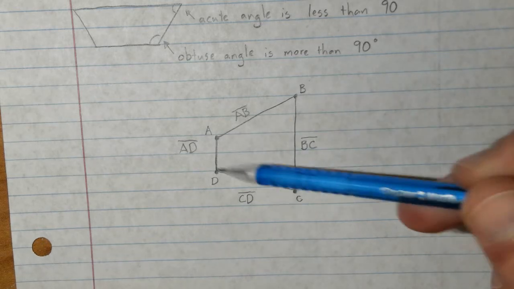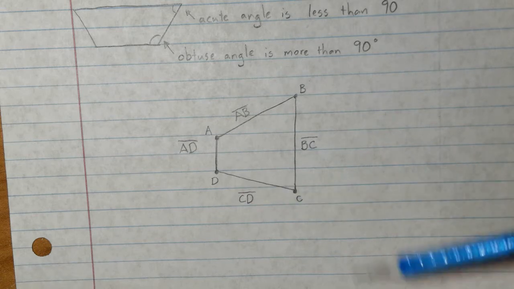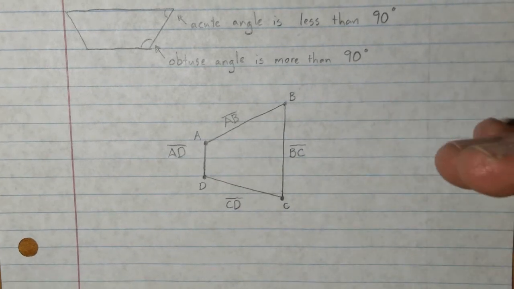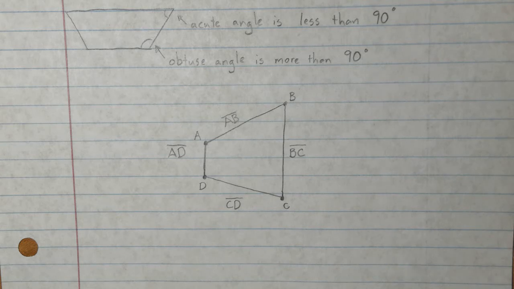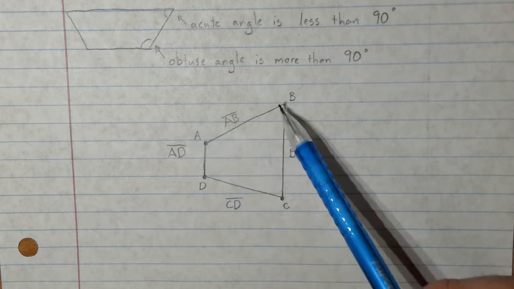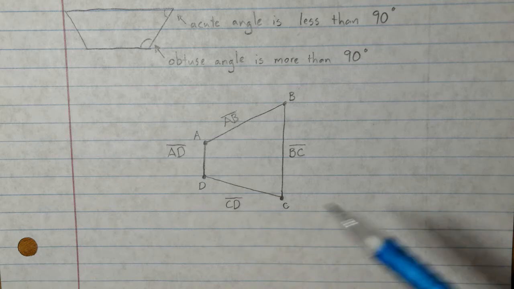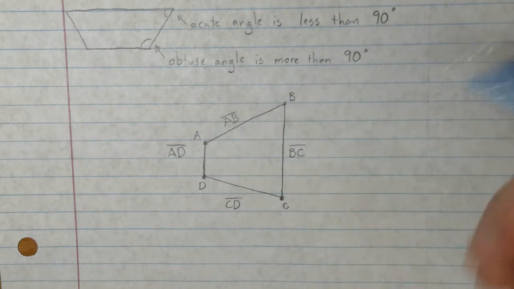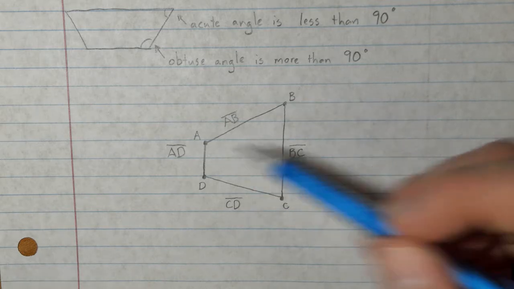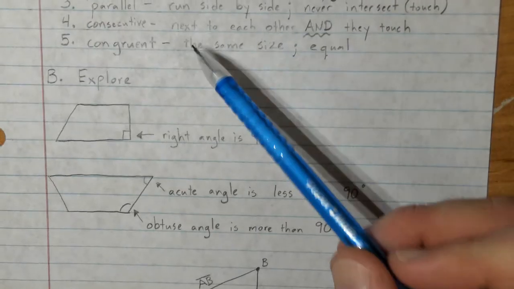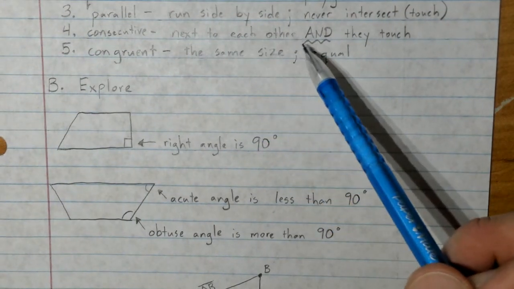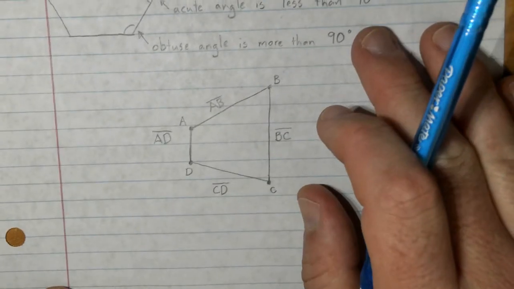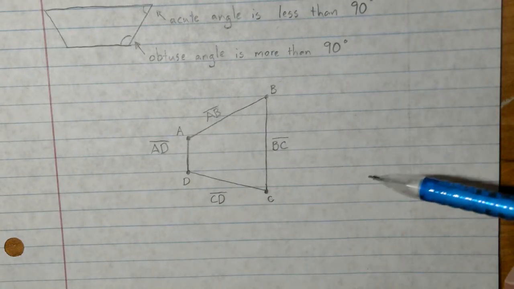Now, aside from recognizing how to label the sides, this is important because you're going to get asked questions. Tell me two consecutive sides in trapezoid ABCD. Okay. Well, we know this is trapezoid ABCD because of the points. To find consecutive sides, we're looking for sides that are next to each other. All right.